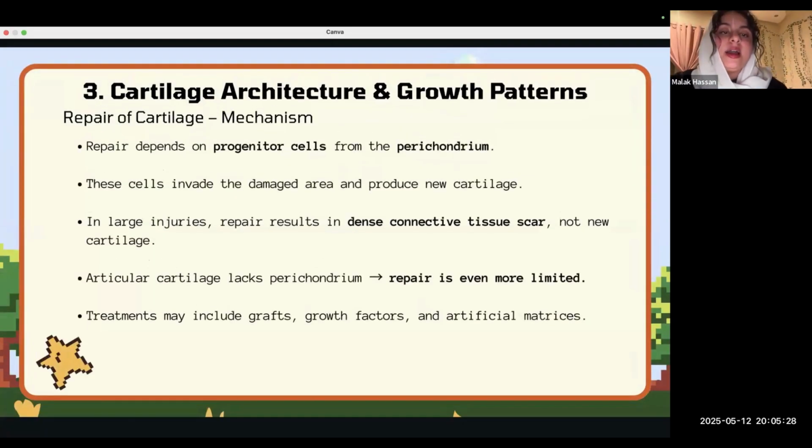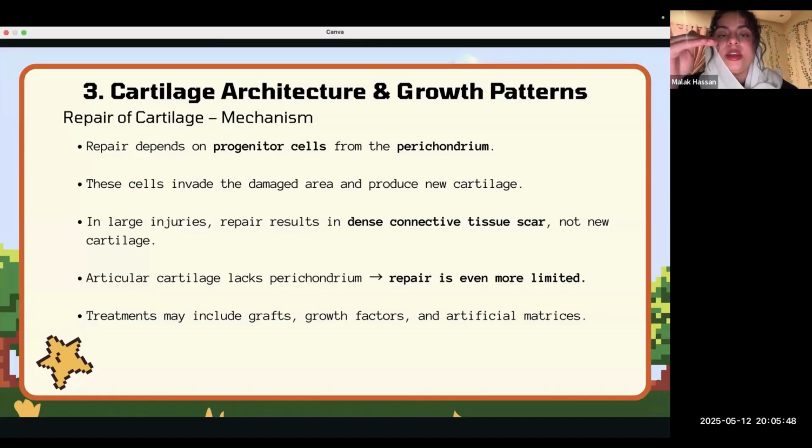Now, how is cartilage repaired? We know the limitations. Now let's talk about the mechanism of repair of cartilage. What is it? First of all, we have progenitor cells that come from the perichondrium. Remember how we said we had the outer fibrous layer and the inner cellular layer.